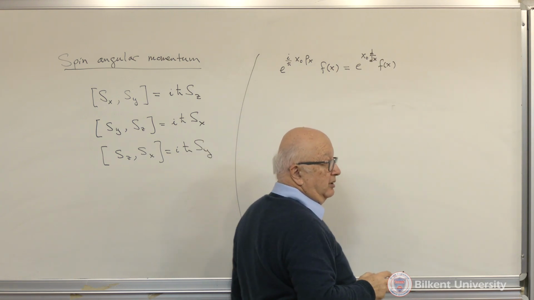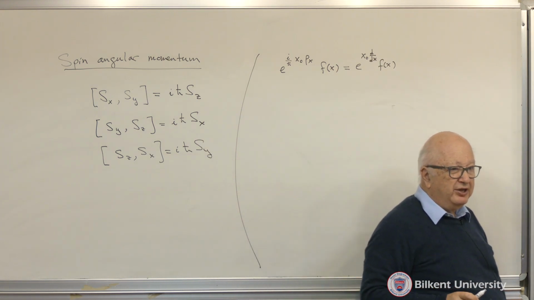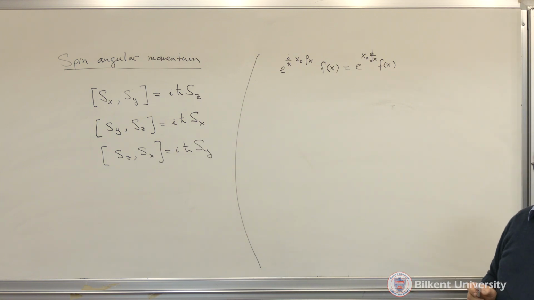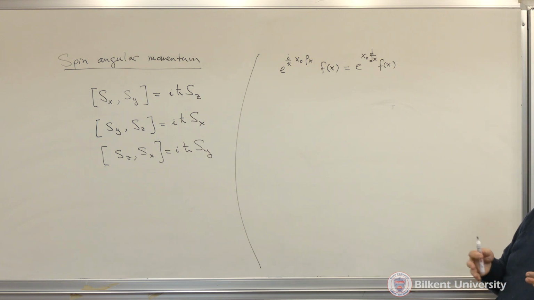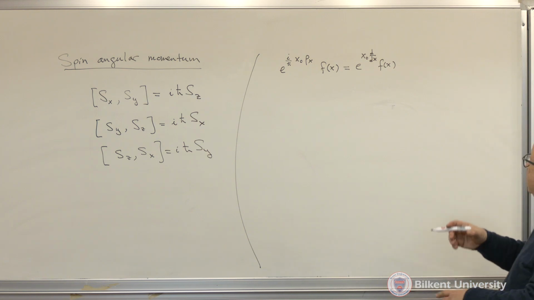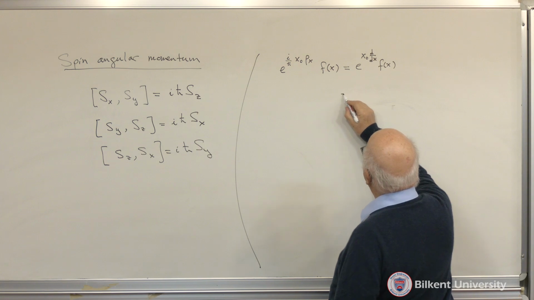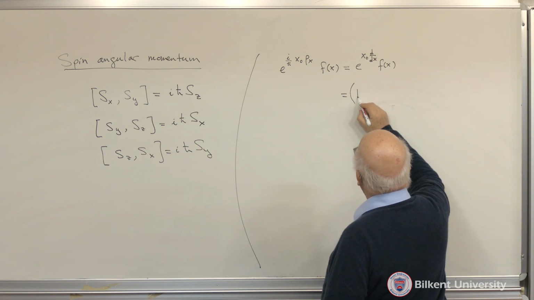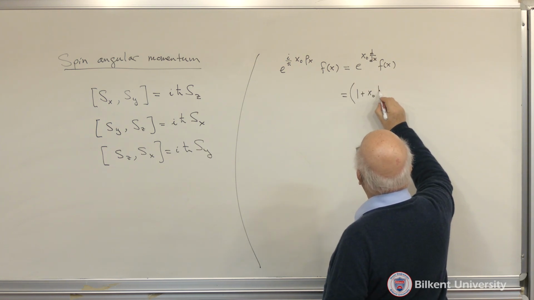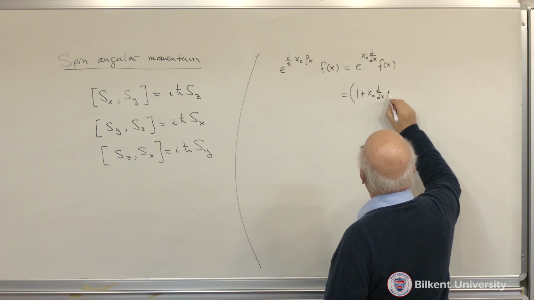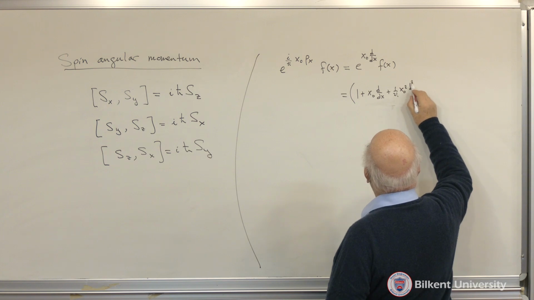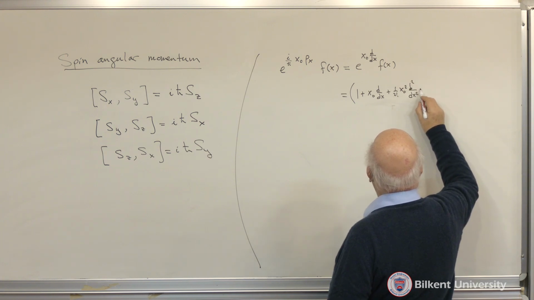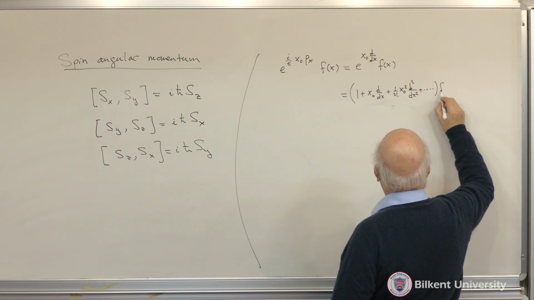So this is exponential of a derivative operator, so it looks perhaps a little scary, but we know how to exponentiate operators. We just expand this, right? So this is 1 plus x0 d/dx plus 1 over 2 factorial x0 squared d squared/dx squared plus dot dot dot, acting on f of x.